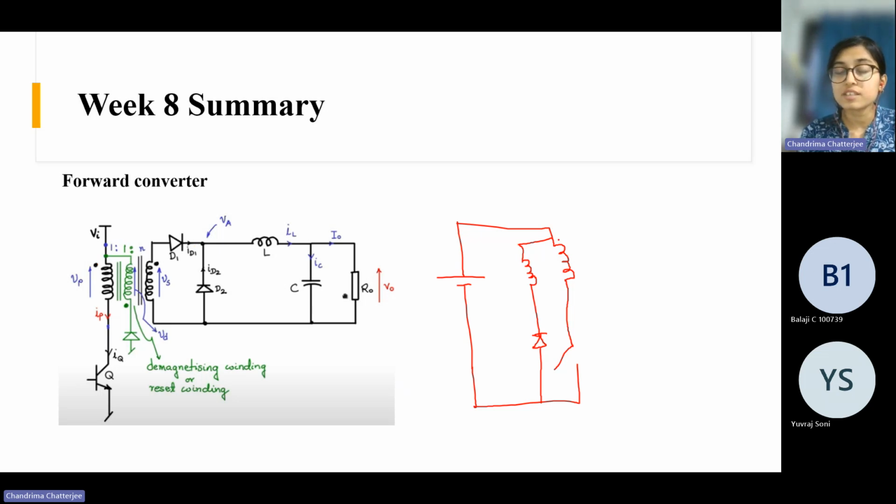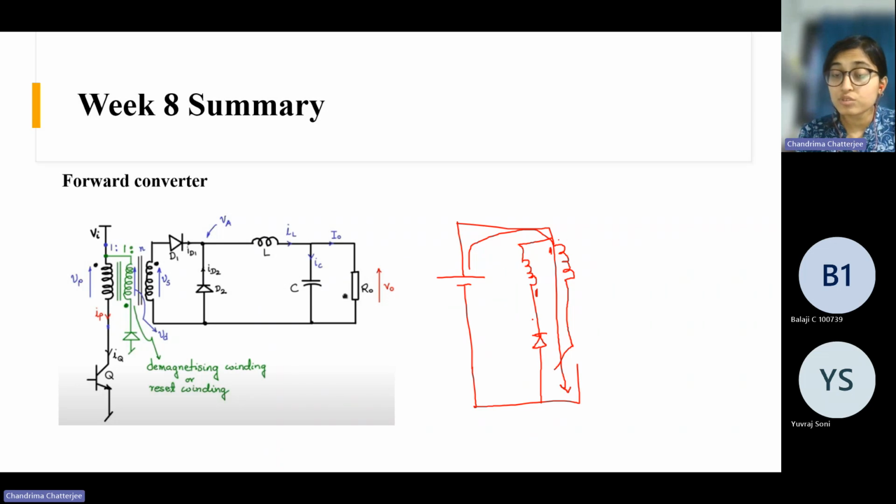If the dot is here for the primary, for this winding the dot is here, right? So see, when the switch is on, suppose this is on, so the current flows like this.